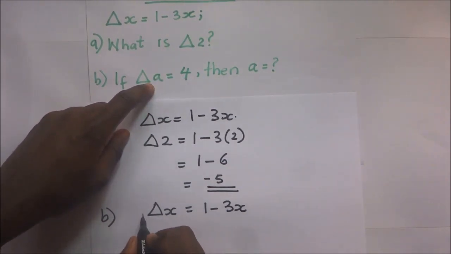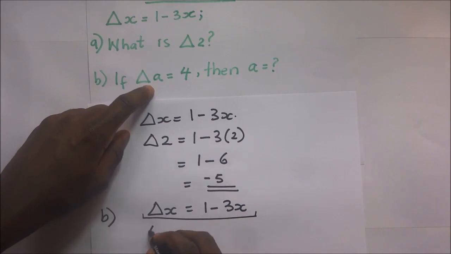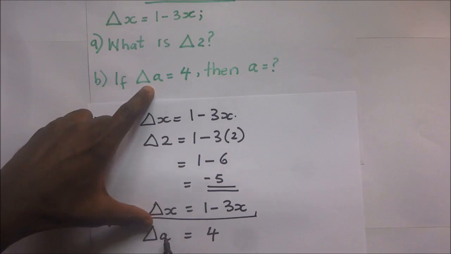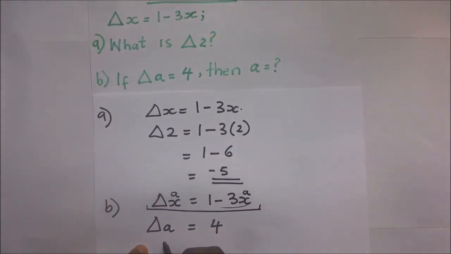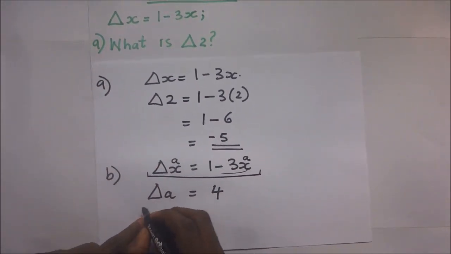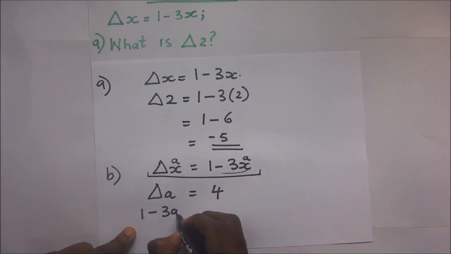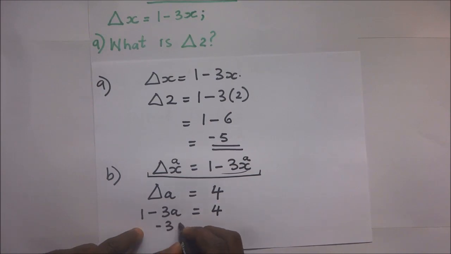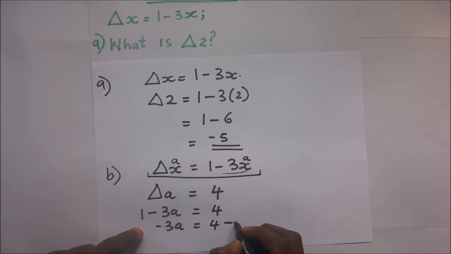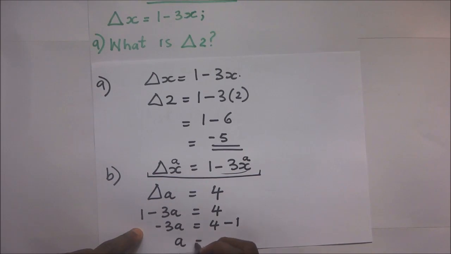So when our value of x is A, the whole expression has x as A. So the next step is 1 minus 3a is going to give us 4. So this becomes minus 3a, giving us 4 minus 1. And our value of a here is 1.